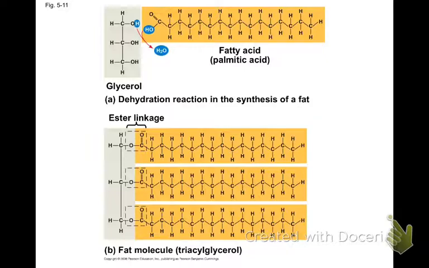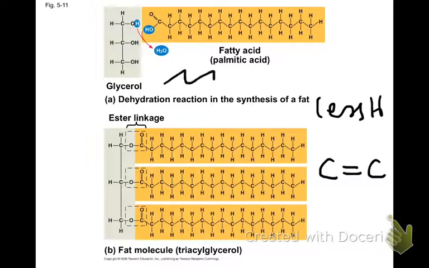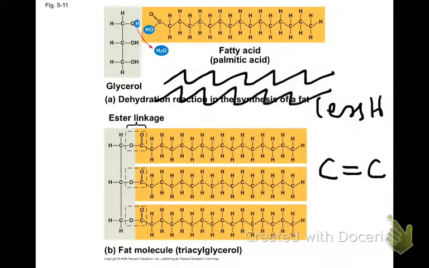If I had less hydrogen, at some point I would be forced to make a double bond with a carbon. So it will not have this kind of uniform structure that you see. Can you see that? The way it is organized, it's very uniform, kind of arranged in sheets. So that is not going to happen.